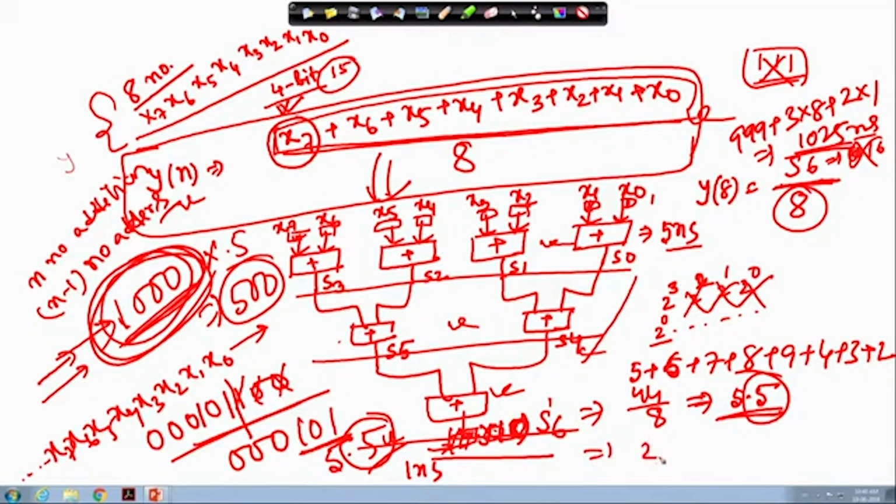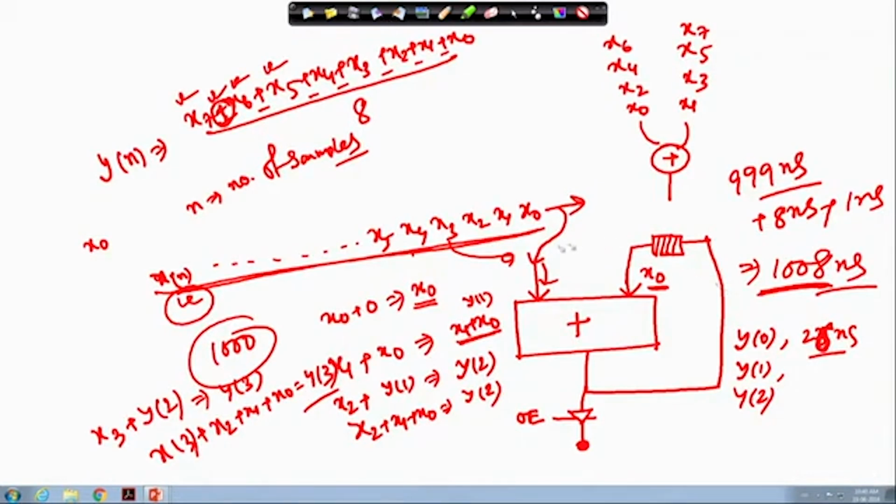So total 2 plus 3 into 8 nanoseconds. The samples y0, y1, y2, y3, y4 are obtained after 26 nanoseconds each. Running this whole process, I get the values after 1008 nanoseconds.